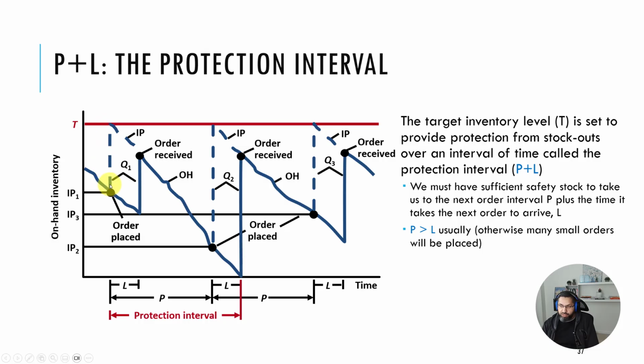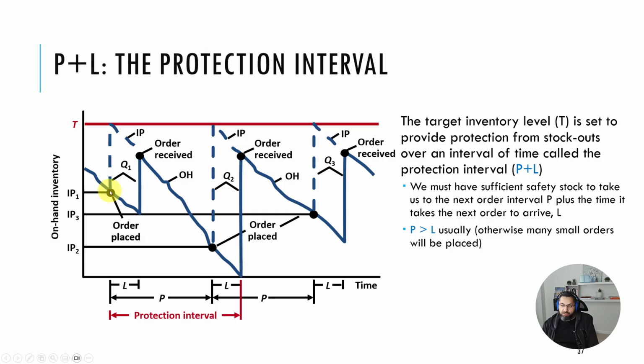So this difference, the dotted vertical line, is going to be our order quantity Q1. And when we place the order, our inventory position jumps up, but not the inventory on hand because it takes L lead time days for the order to arrive.